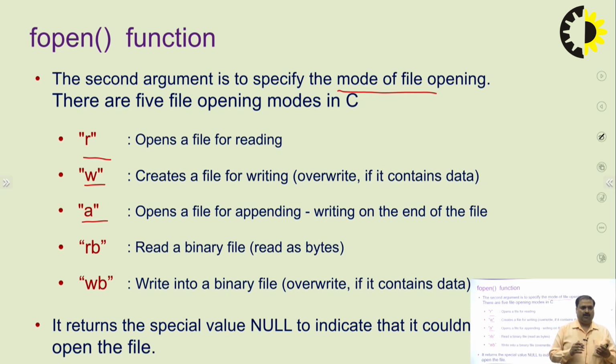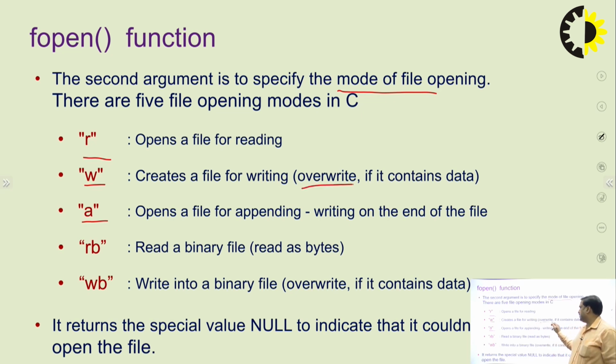Now if we perform an operation using write mode, the operating system will open the file. If that file exists, the contents will be deleted, because we are going to write onto that file. So what will happen?